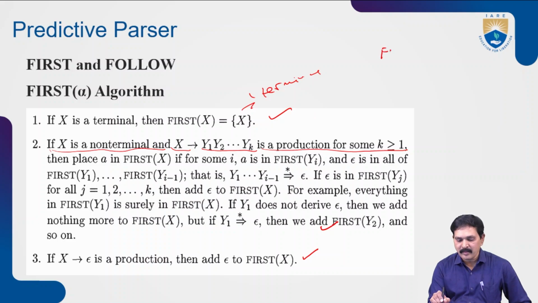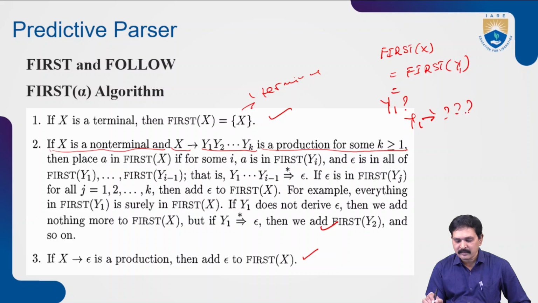Here we go for what first of y1 is, again trying to find the derivation of y1. If y1 is a non-terminal, you can recursively apply the first algorithm to y1. This is the second step of the first algorithm.